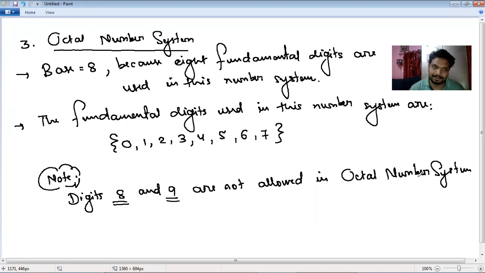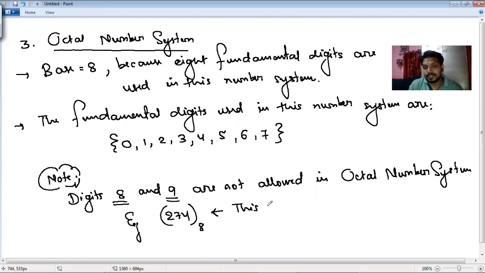Example, if I write 274 base 8, it means this number belongs to octal number system, or we can say it is an octal number.